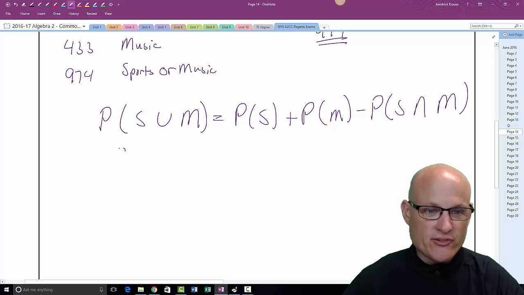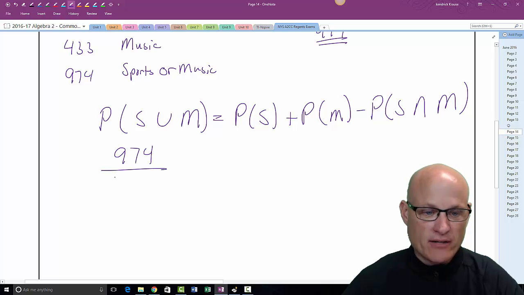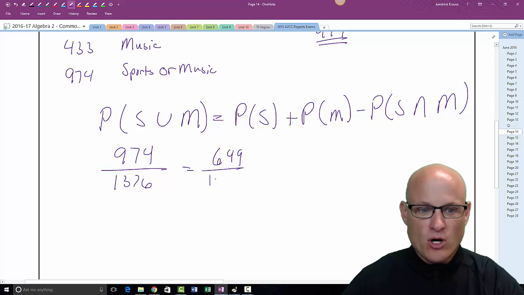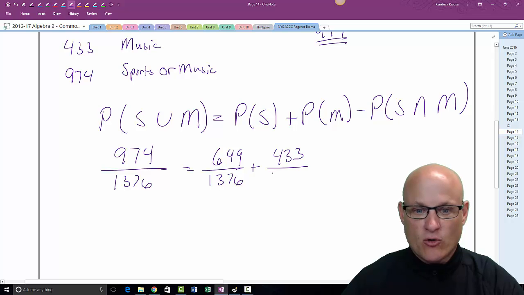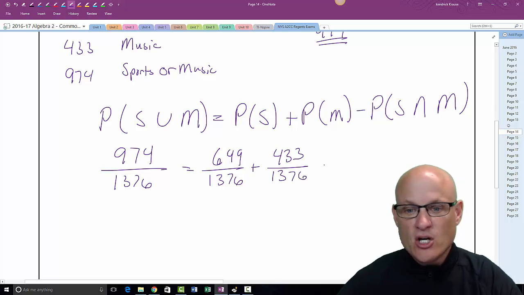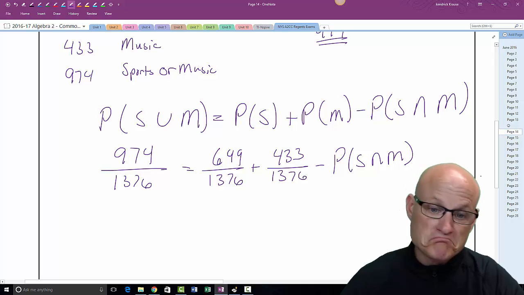All right, we know this is 974 out of 1376. We know the probability of sports is 649 out of 1376. We know the probability of music is 433 over 1376. But we don't know what the probability of sports and music is.